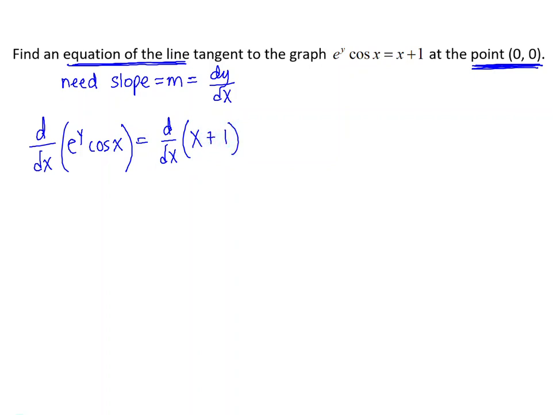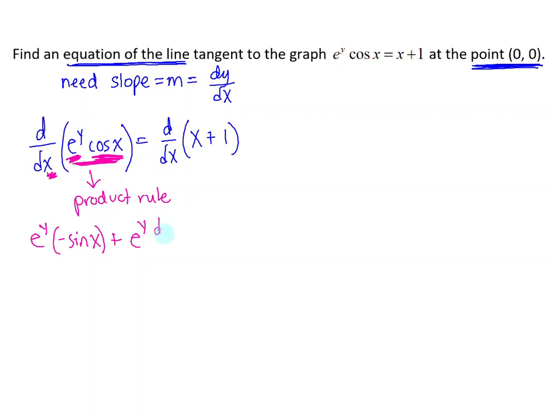Notice over here, I have a product. I need to use the product rule, e to the y and cosine x multiplied together. So my product rule: e to the y as it is, times the derivative of cosine x, negative sine x, plus the derivative of e to the y, which is e to the y, but because I'm taking the derivative with respect to x, and that has a y in it, I have to use my chain rule.